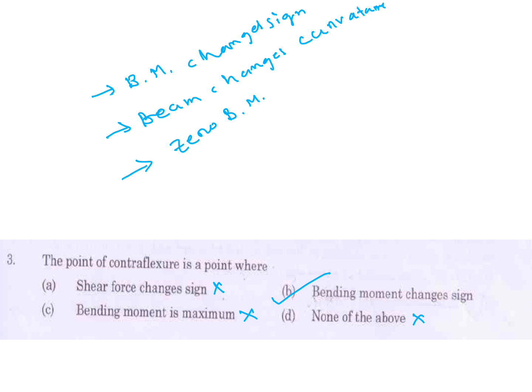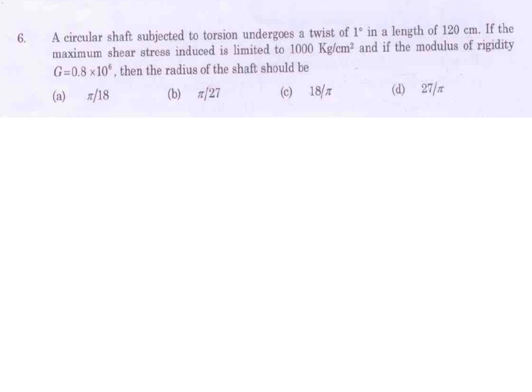A circular shaft subjected to torsion undergoes a twist of 1 degree in a length of 120 cm. If the maximum shear stress induced is limited to 1000 kg per centimeter square, and if the modulus of rigidity G equal to 0.8 into 10 to the power 6, then the radius of the shaft should be.